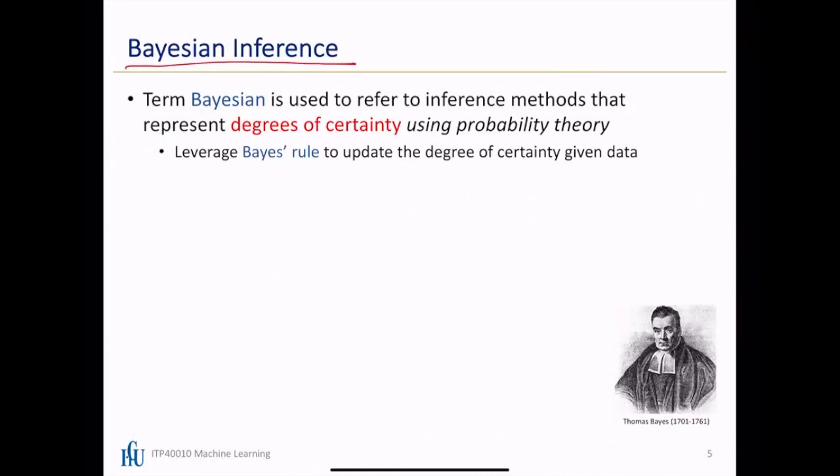First of all, the term Bayesian is used to refer to inference methods that represent degree of certainty using probability theory. So it's quite general, nothing special yet. The important tool here is Bayes rule. We are going to use Bayes rule to update the degree of certainty that we are modeling.